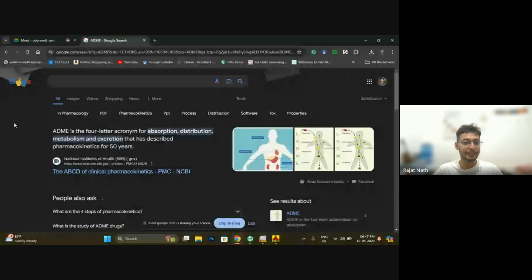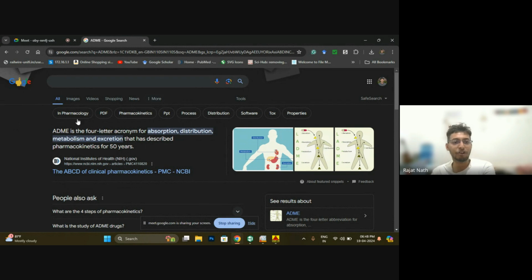Actually this is a 5-letter word, that is ADMET, A-D-M-E-T. T stands for toxicity, which we have already studied yesterday. So today we will see the first 4 letters, that is A-D-M-E. A means absorption, D means distribution, M means metabolism, and E means excretion.